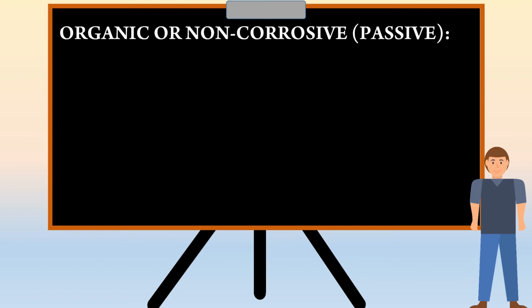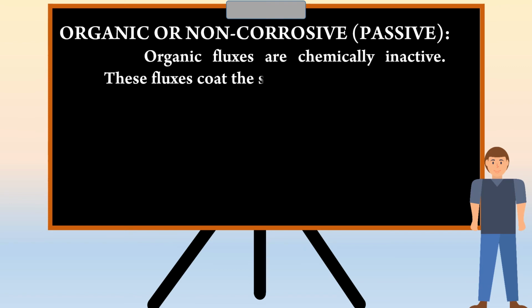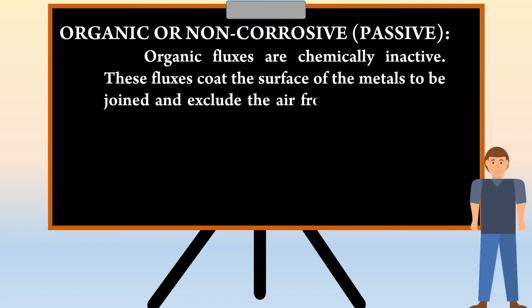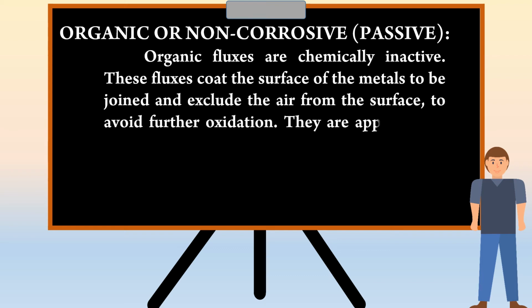And the next, we are going to see the definition of the second type of flux, organic flux. Organic fluxes are chemically inactive. These fluxes coat the surface of the metals to be joined and exclude the air from the surface to avoid further oxidation.